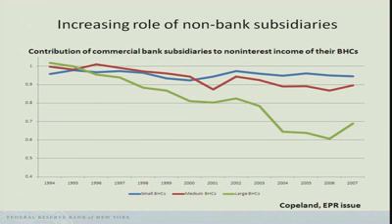And you can see, especially for the largest bank holding company, the green line, the contribution to income of commercial bank subsidiaries has been on a steady decline throughout the years, coming to the crisis. So the role of non-bank subsidiaries in providing income has increased.